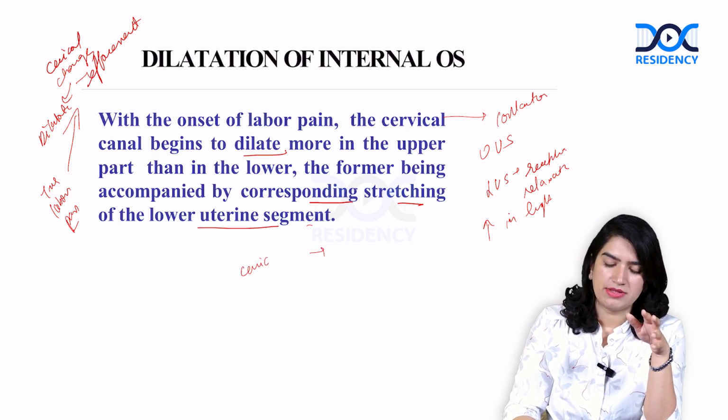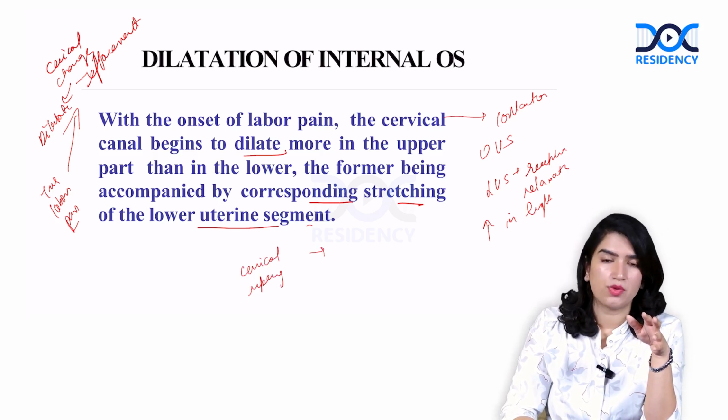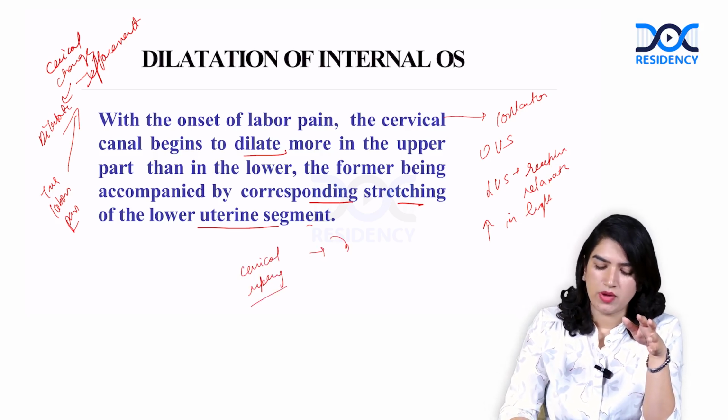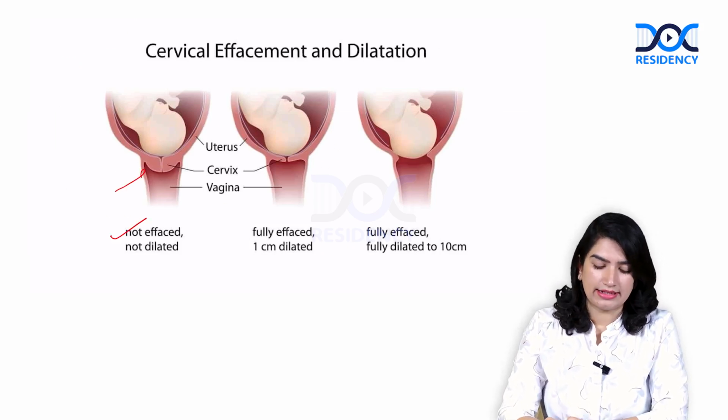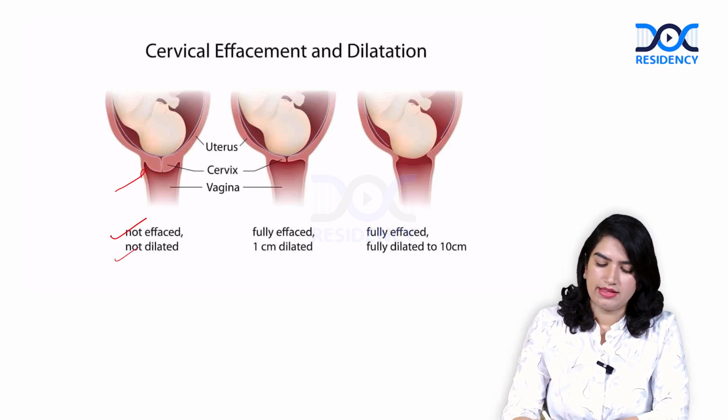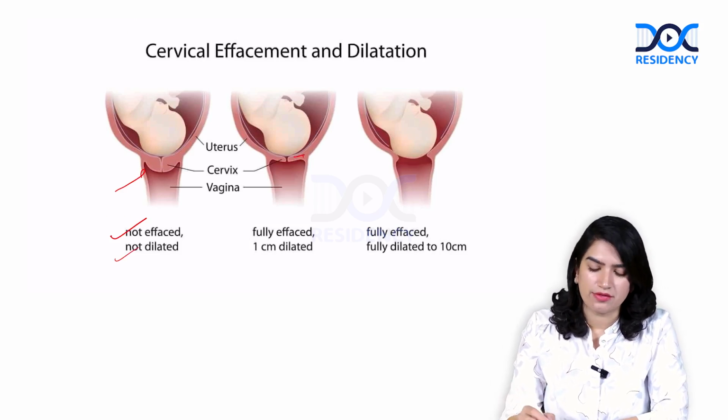Now, in cases of labor, the cervical ripening has already happened, and this is why a soft cervix starts to begin dilating. So, here we have an uneffaced and an undilated cervix. Here we have a fully effaced cervix.